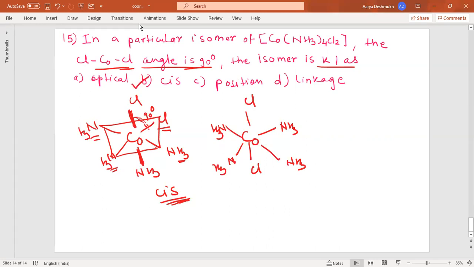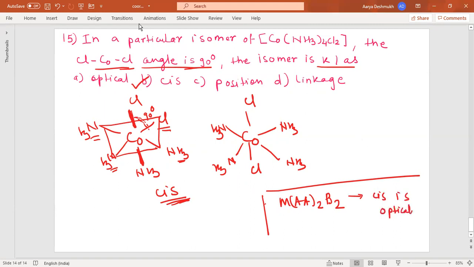Now for this, you can add one more thing, that is for this MAA, not for this question. For other questions, you can apply this: for MAA2B2 type, cis is optically active. You can remember this.